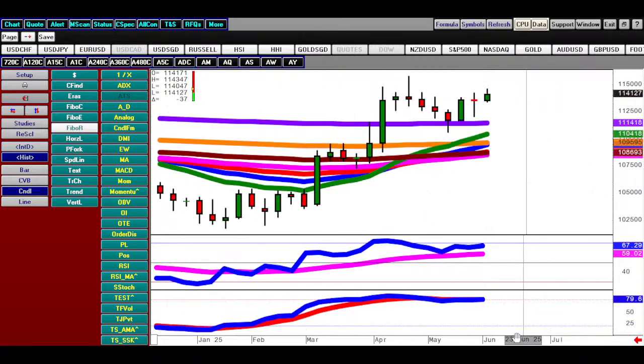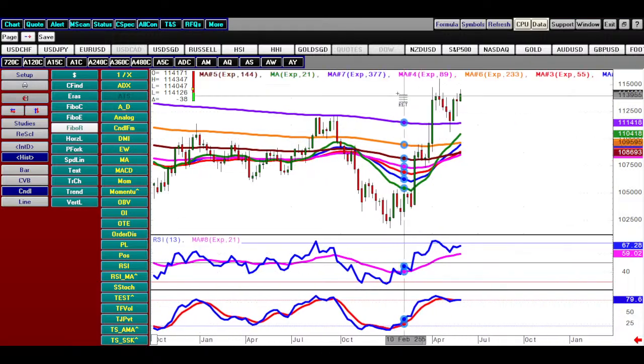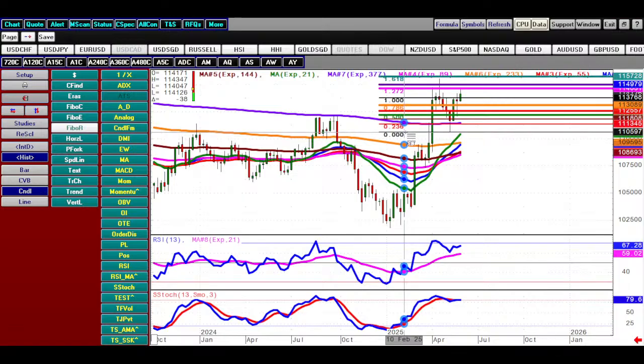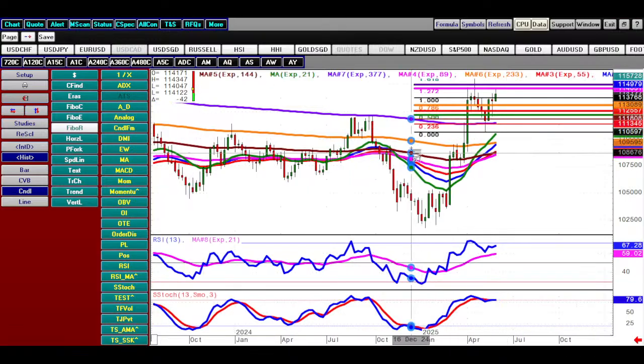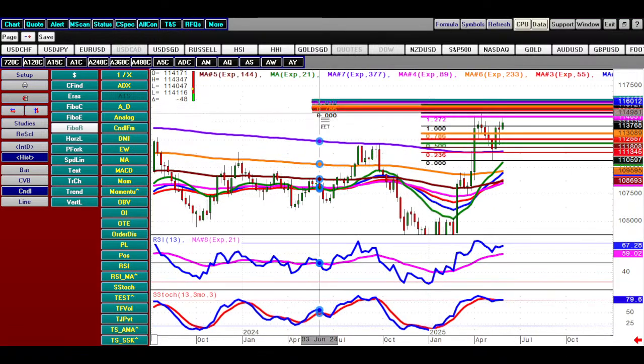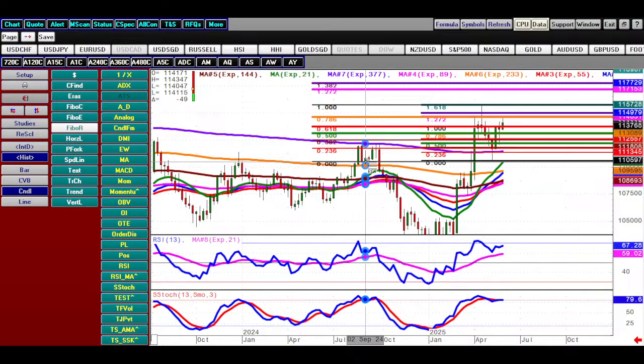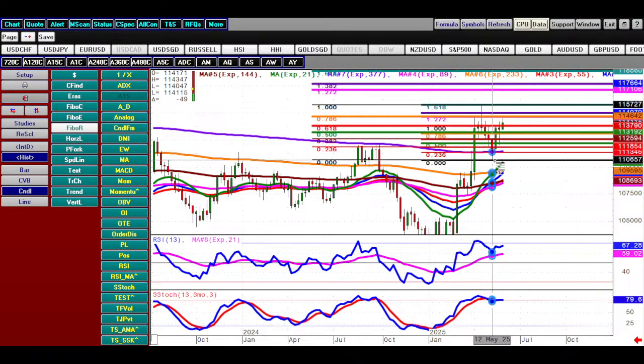Now we look at the weekly. The weekly is telling us that the price has seen, and most likely, 114.55.